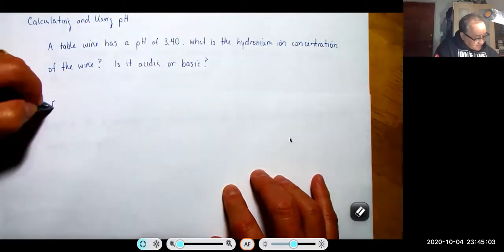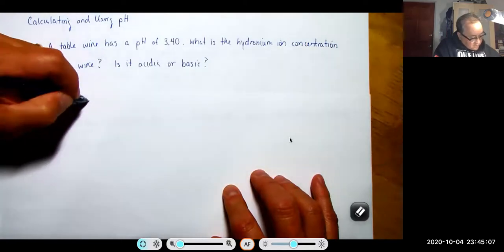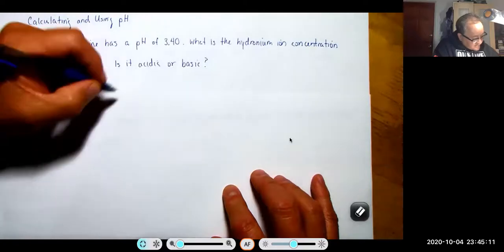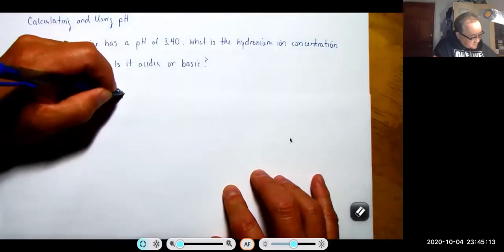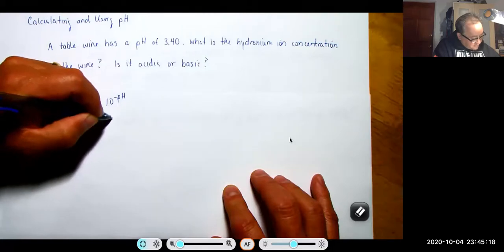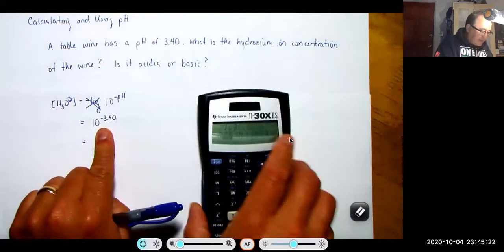So the hydronium ion concentration is 10 to the negative pH. So we have 10 to the negative 3.40, and we're going to plug this into our calculator using the caret key.